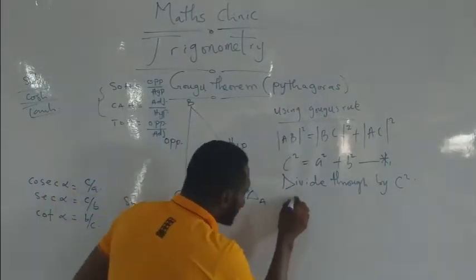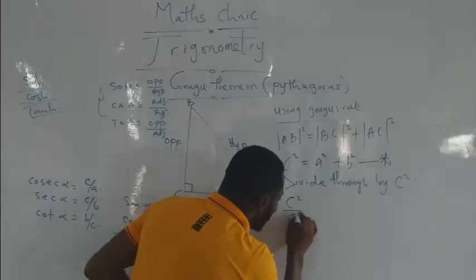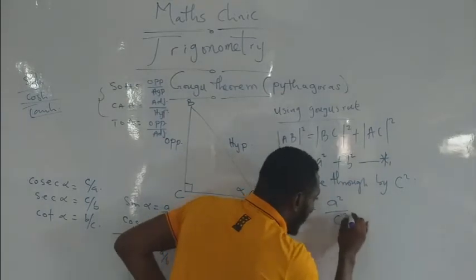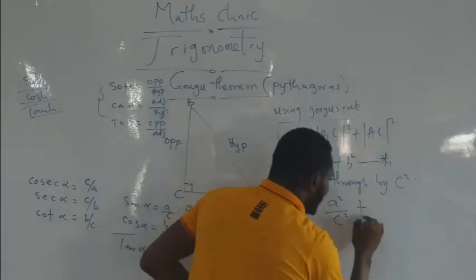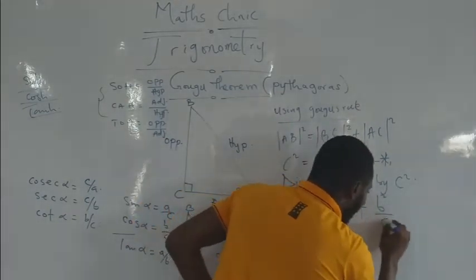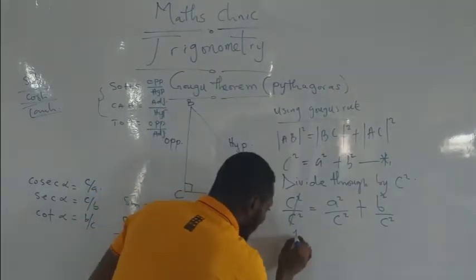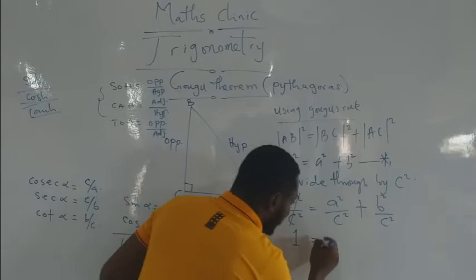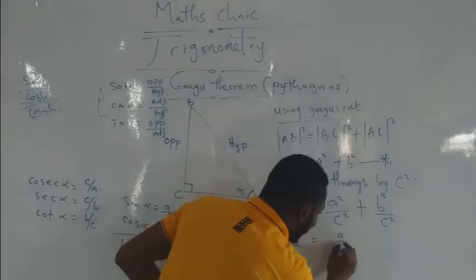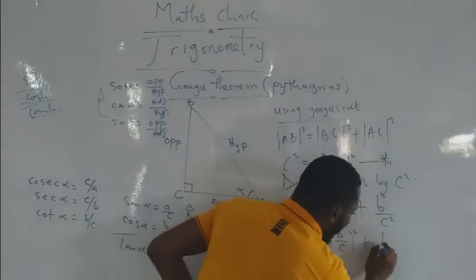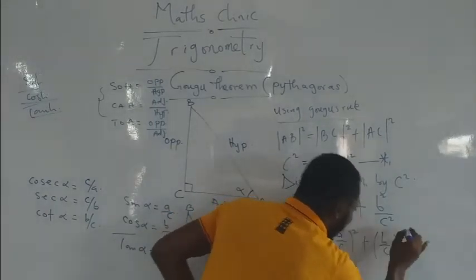Meaning we have C squared divided by C squared equals A squared divided by C squared plus B squared divided by C squared. This gives us 1 equals A over C all squared plus B over C all squared.